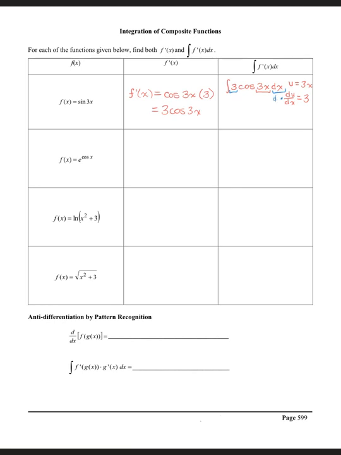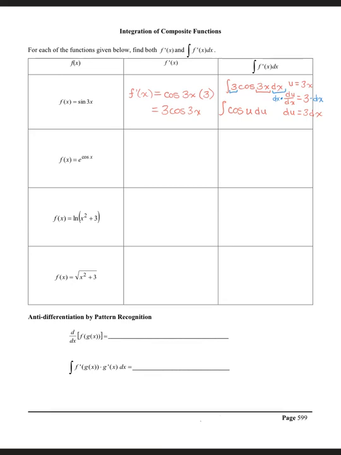And if I multiply by dx on both sides, then I get du is equal to 3 dx. So what I'm going to do is some substitution in this integral. Instead of integrating 3 cosine 3x, I'm going to integrate cosine. The 3x is now the u, and 3 dx is du.